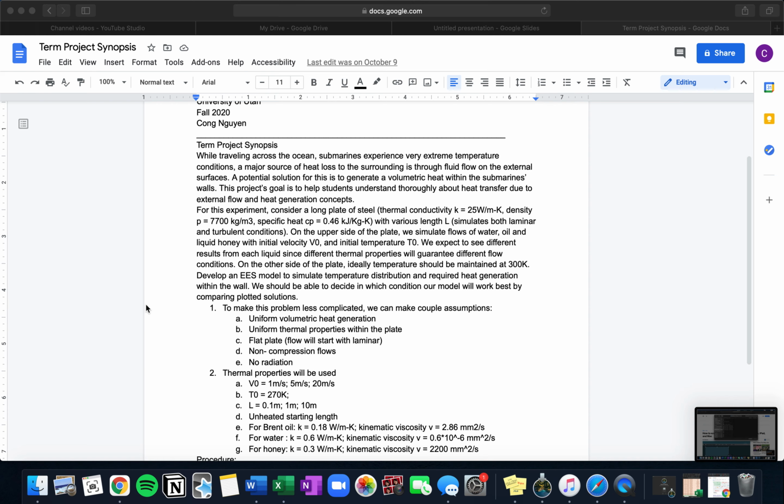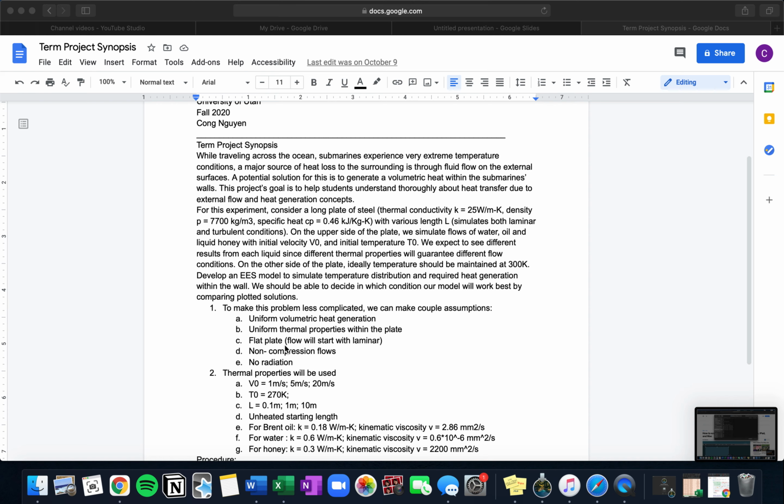We have uniform thermal properties within the plate and the flow. We have flat plates to ensure that flow will start with laminar flow conditions. We can assume incompressible flow and no radiation heat transfer, so purely convection and conduction.